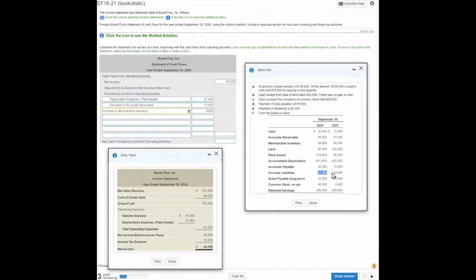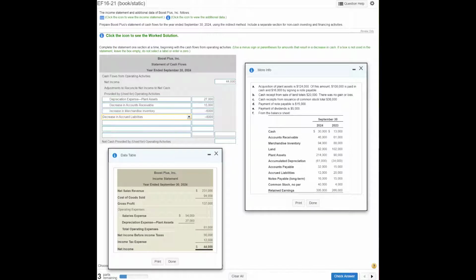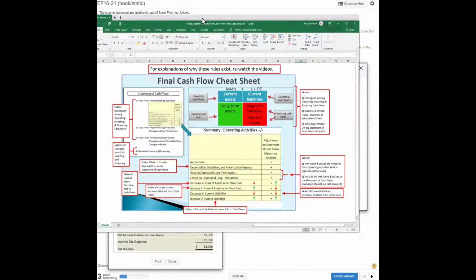So what must have happened to cash if our debts went down? We must have paid them off. So we're going to subtract this. So that difference is minus 8,000. Decrease in accrued liabilities.